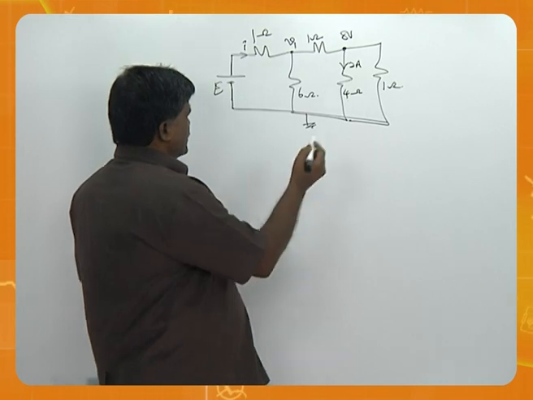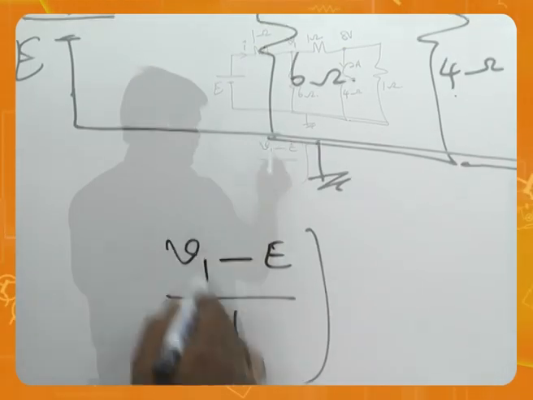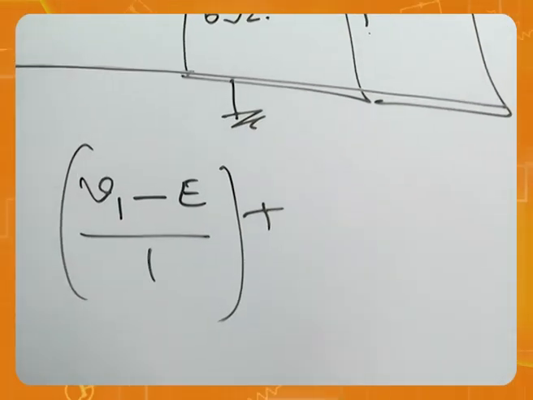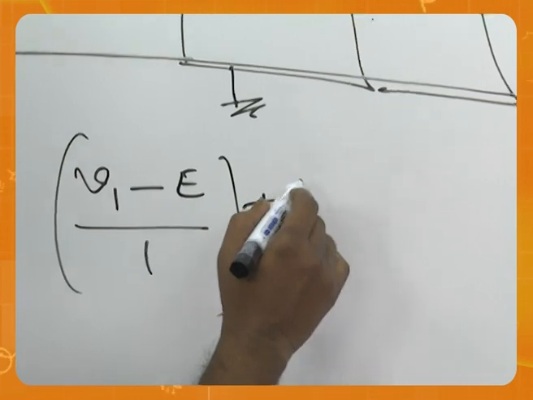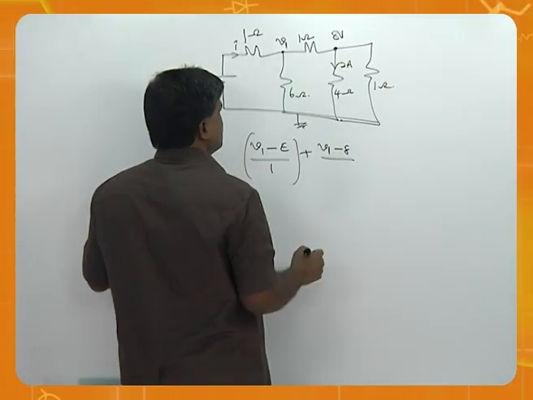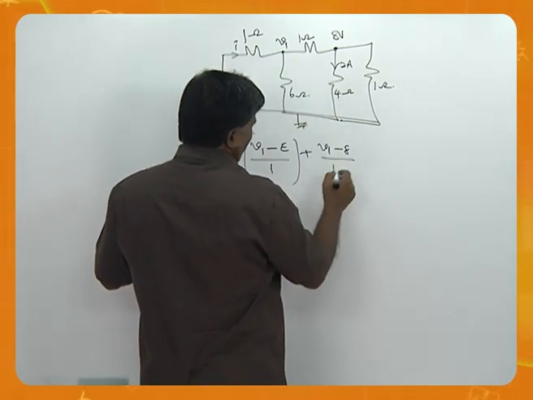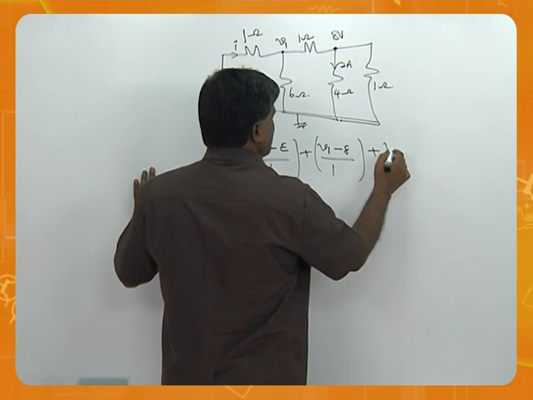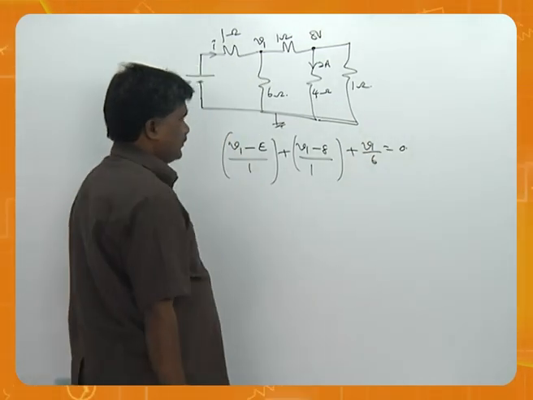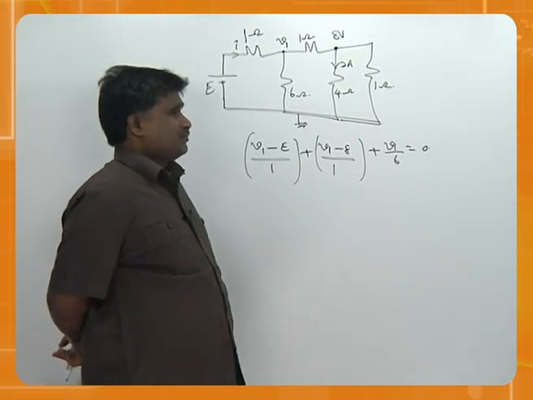So (V1 minus E) by 1 plus (V1 minus 8) by 1 plus V1 by 6 is equal to 0. This is the equation that you can have.